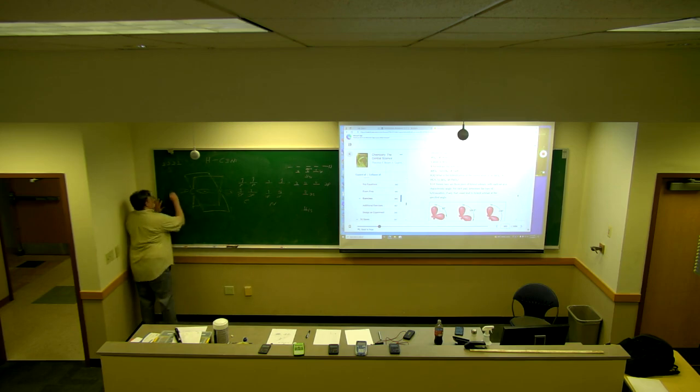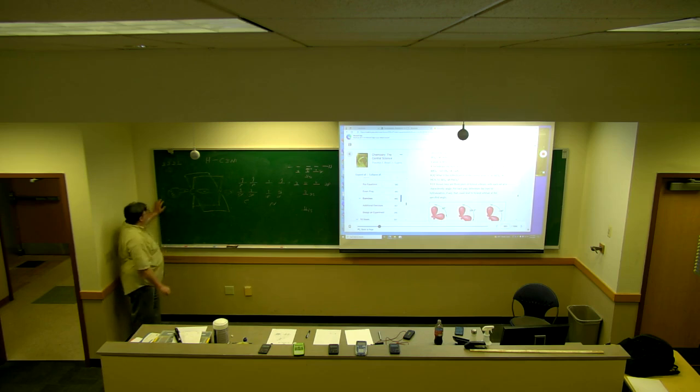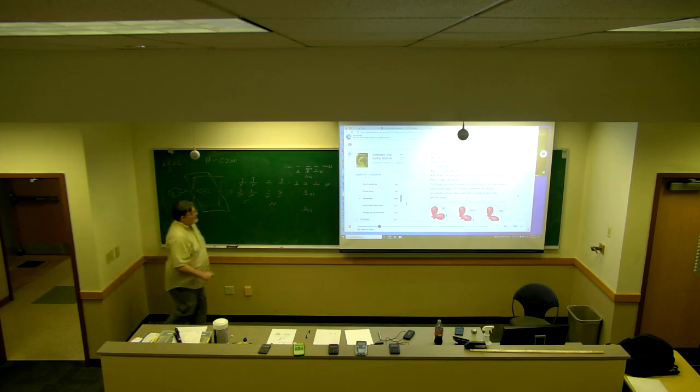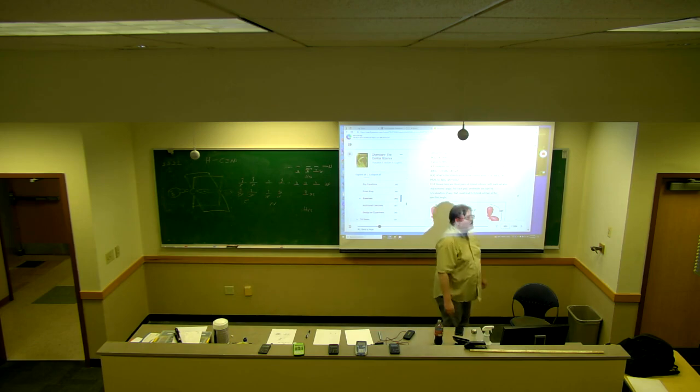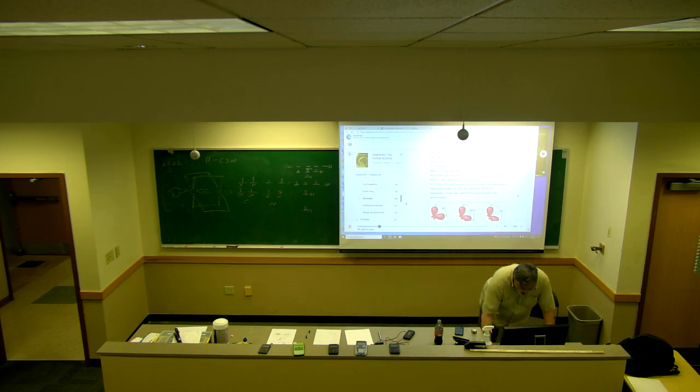And of course, that hydrogen is out here, it's just in a 1s orbit. So these are perpendicular to each other. All right. SO3. What else do we have?